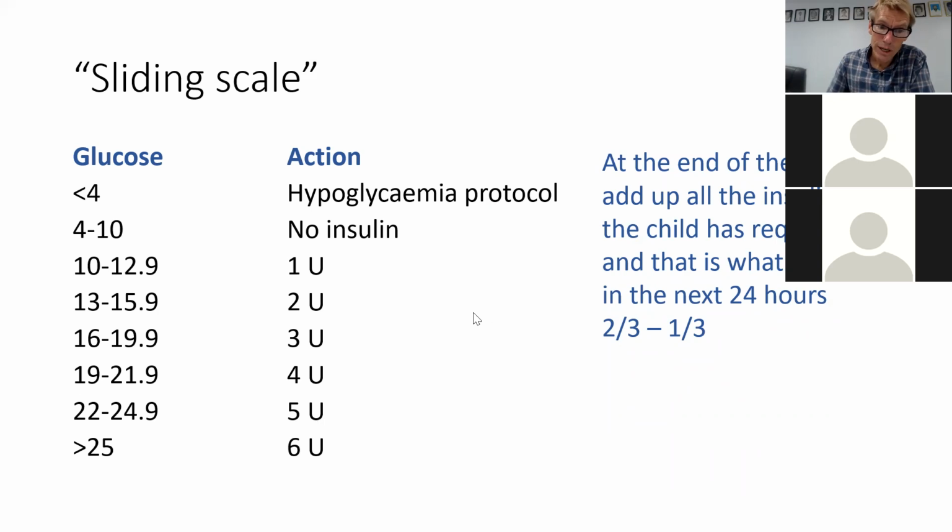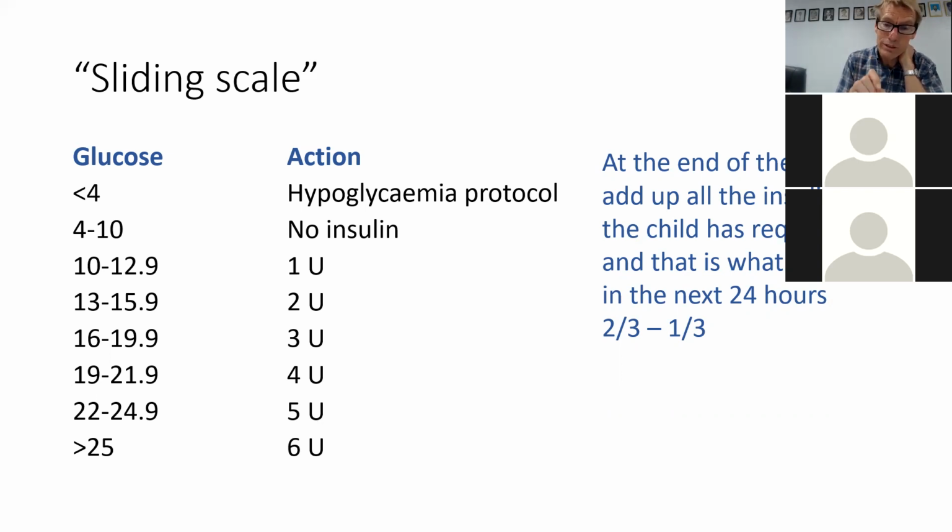So if the blood sugar is 10 to 12.9, the child would get 1 extra unit of insulin. Or if it's 19 to 21, then they'd get 4 units of insulin. And I usually only do a sliding scale for a day or 2, and no more than that.